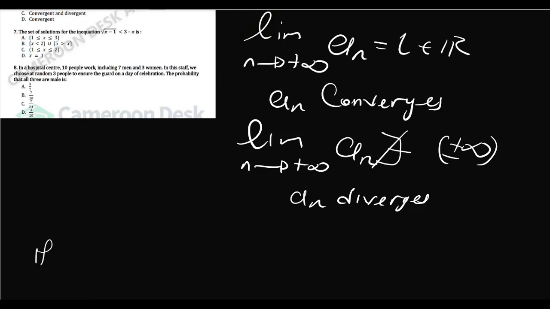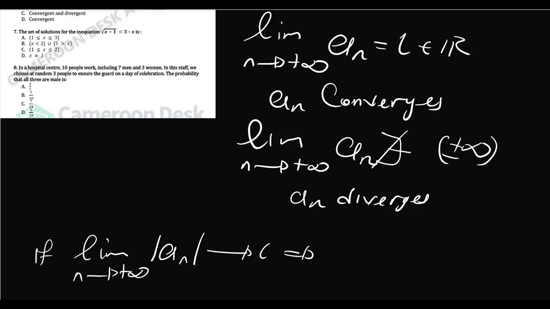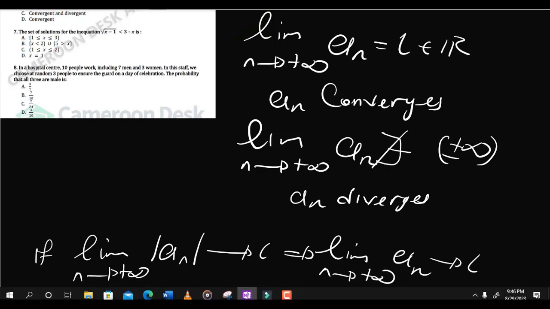So if the limit as n approaches positive infinity of the absolute value of a_n converges to L, then the limit as n approaches positive infinity of a_n also converges to L. So those are properties of limits.